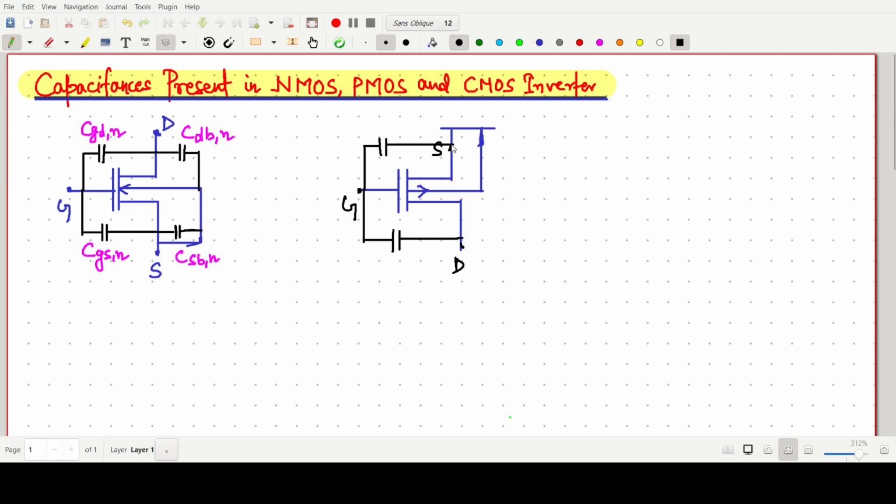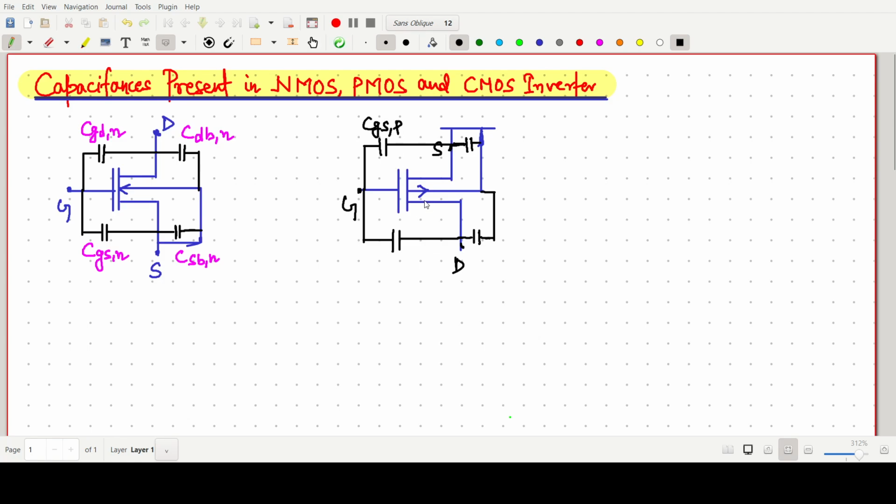I'm just showing how to draw the capacitor. Here you can connect, or you can connect like this. So this one is again CGSP, because this is our PMOS. CGDP is the gate and drain capacitance.